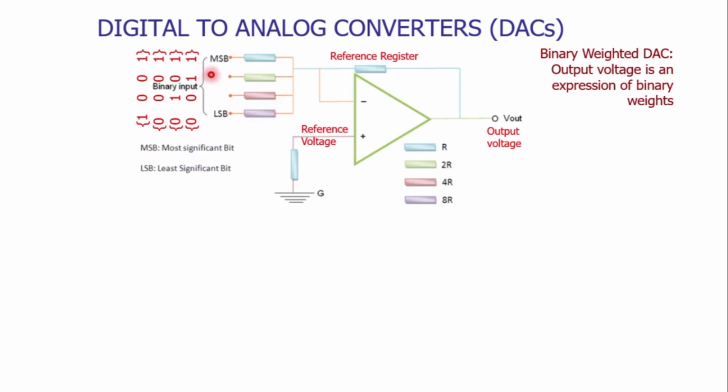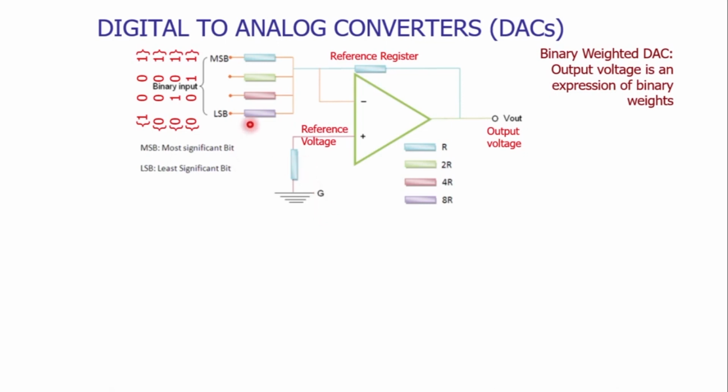Now if I take the example 1 1 0 0 as the binary input, when the MSB value is 1, that is a high level input, then the voltage belonging to the MSB will be the reference voltage.